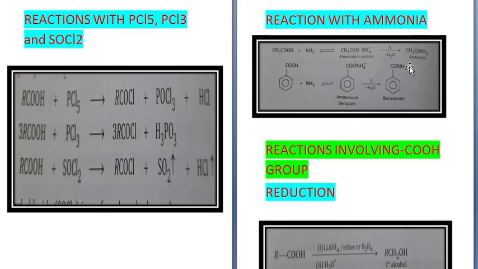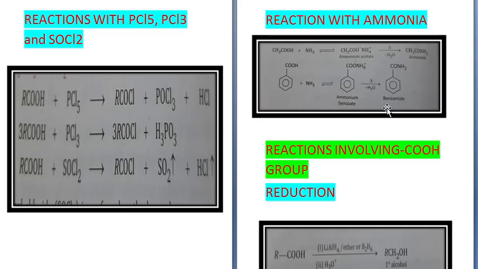First it forms ammonium acetate and then it forms acetamide. Similarly, benzoic acid C6H5COOH plus NH3 will first give you ammonium benzoate C6H5COONH4. Then on heating, it will lose one molecule of water and it will give you C6H5CONH2.